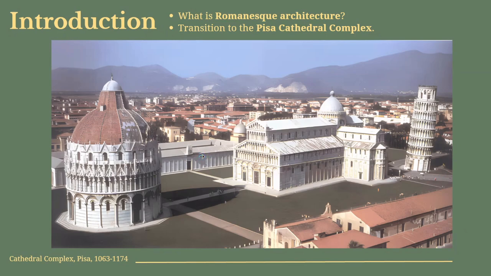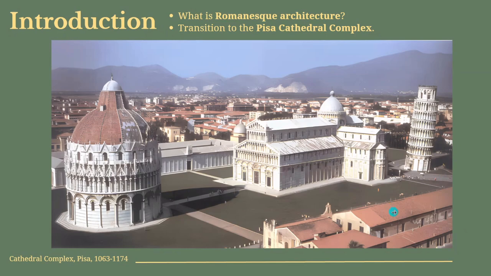Together, these structures form the core part of the Square of Miracles, which is very well known. The site is a rare example where all three key structures of an Italian cathedral complex, the cathedral, the baptistery, and the bell tower, were built at a similar time and therefore share a coherent architectural style.